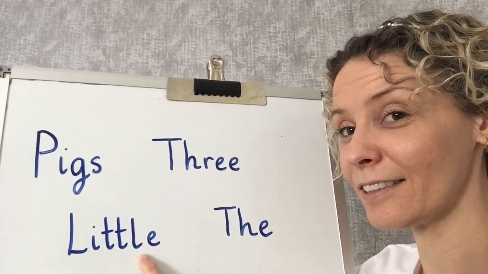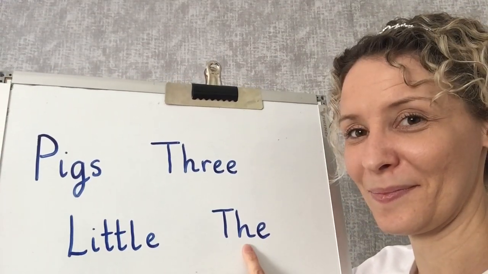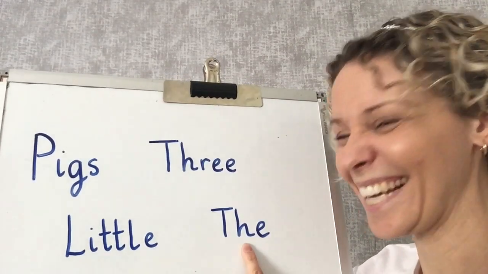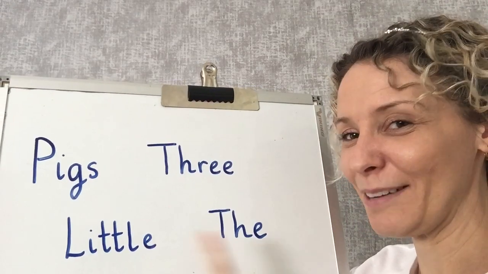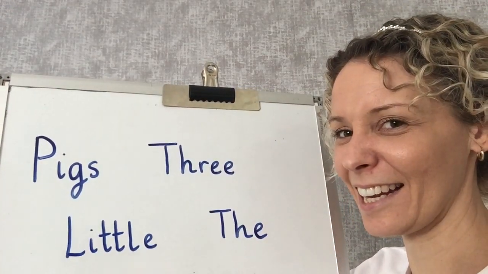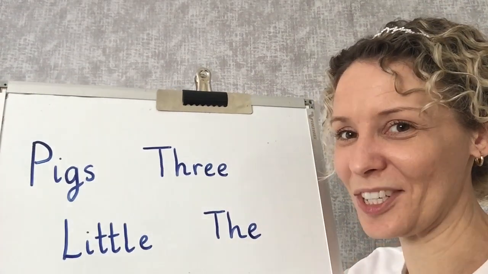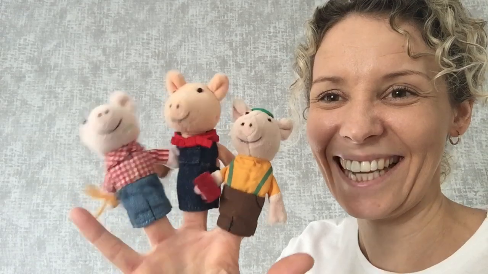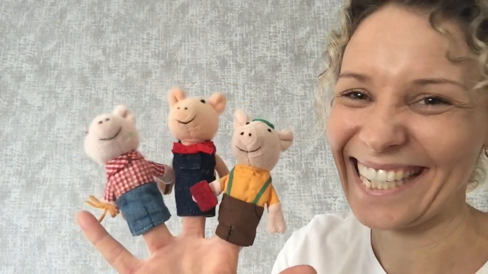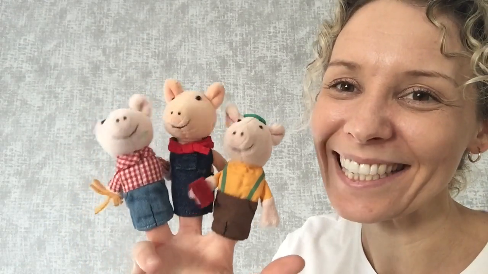It's the word little. So we've got pigs, three little, the. Do you think you know what it is? I think I do. The clue was in pigs, three little. Check out the props just to be sure. Here they are. Yes, it was the Three Little Pigs.